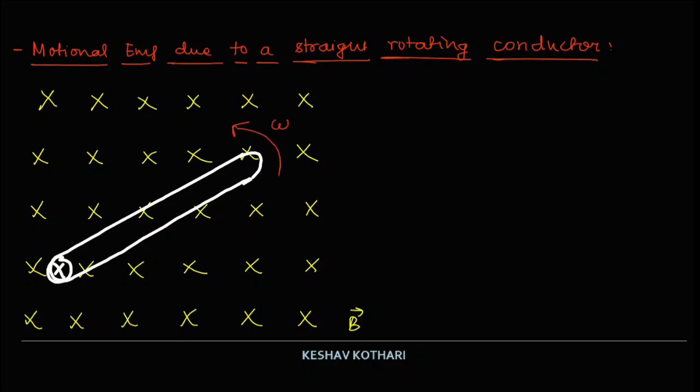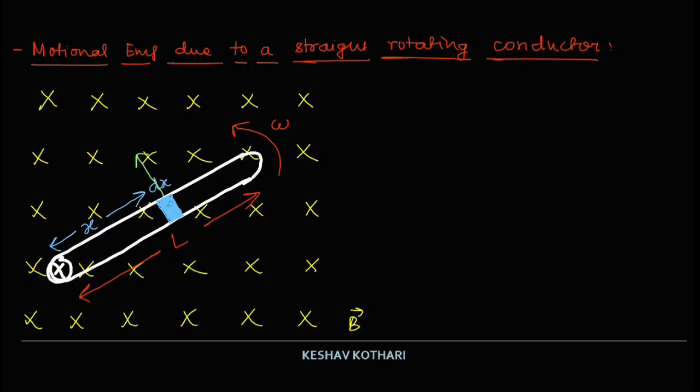The length of the conductor is equal to L. So if it is rotating with omega, at a distance x from the hinged point, I am selecting a small patch of thickness dx.